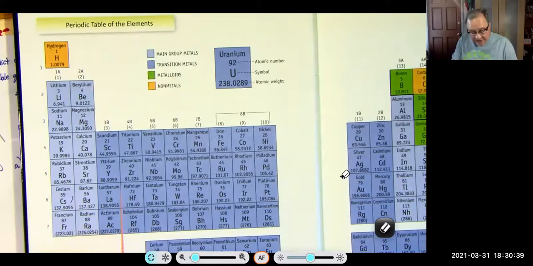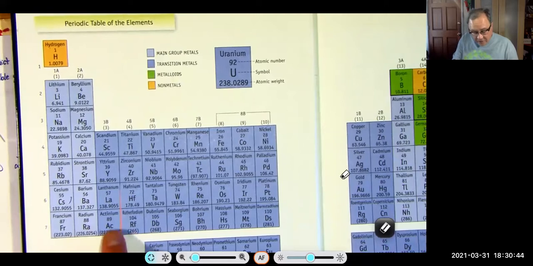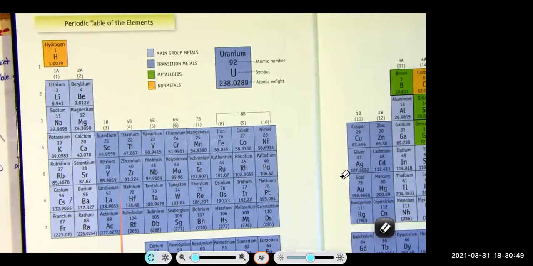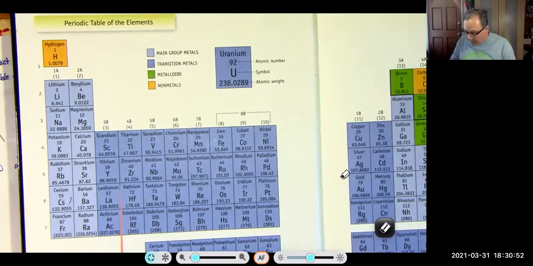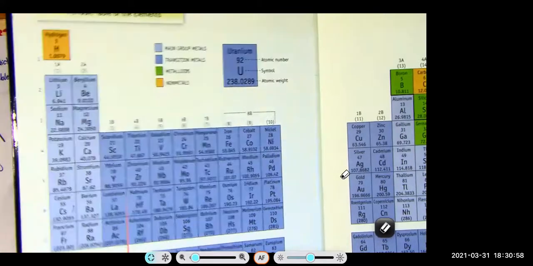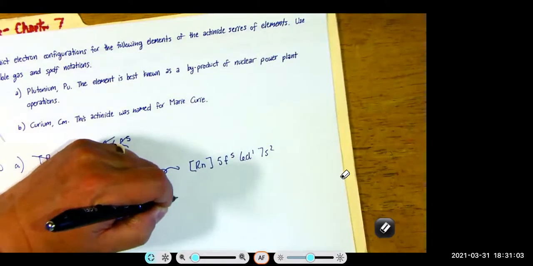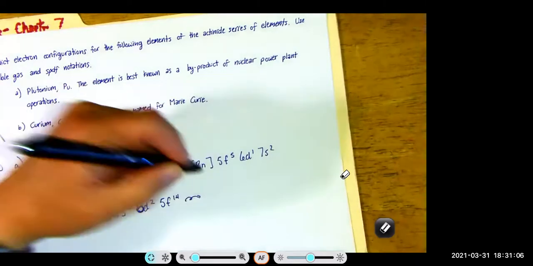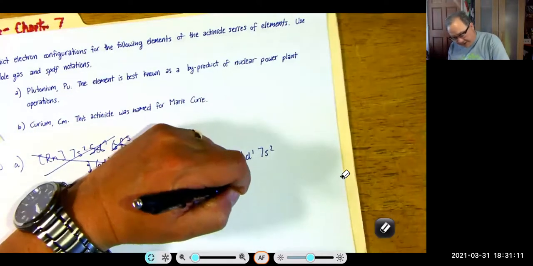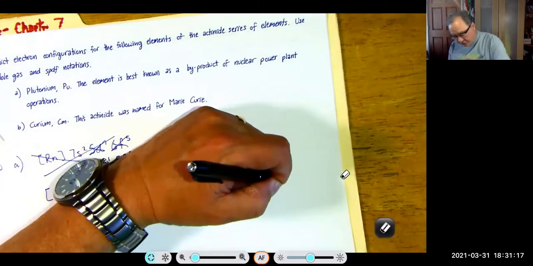And then to get to the second D, don't we have to go from 89 to 104 down below? Right. So we have to go through this whole bottom row. What is this whole bottom row? 5f14. That's right. We don't even need to count because we know it's 14 wide. So when we rearrange this, we get radon, 5f14, 6d2, 7s2.